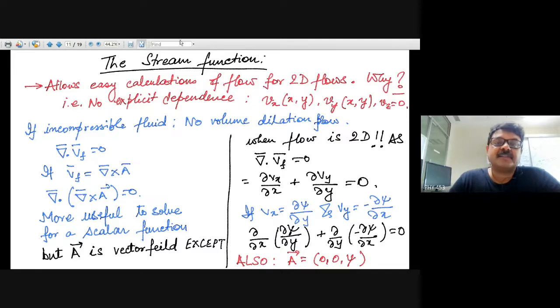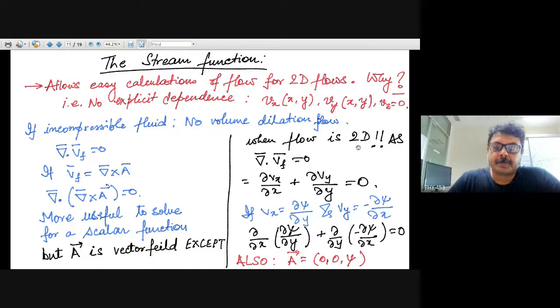Then one can define something called a stream function, which is a scalar field, and it's always easier to work with scalar fields. And why is that? Why can we define a stream function? So remember, what are the conditions? Incompressible flow, no volume dilation, and the flow is 2D.